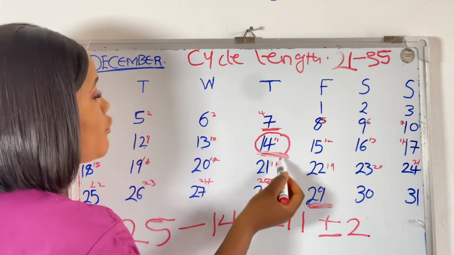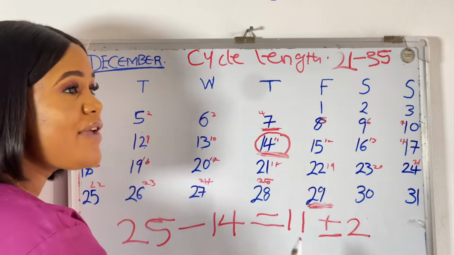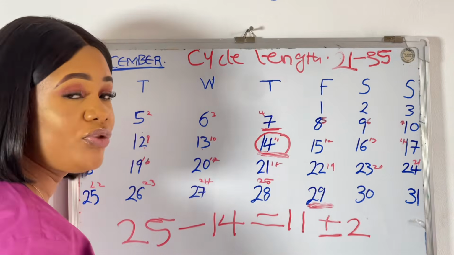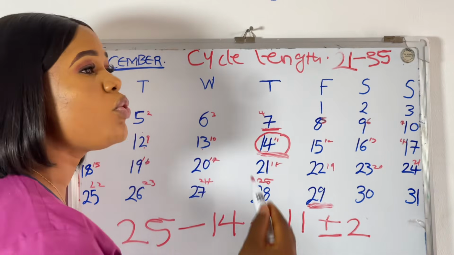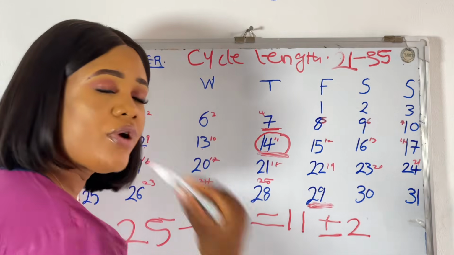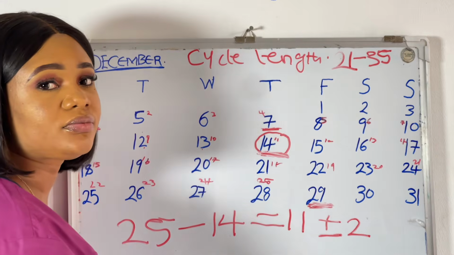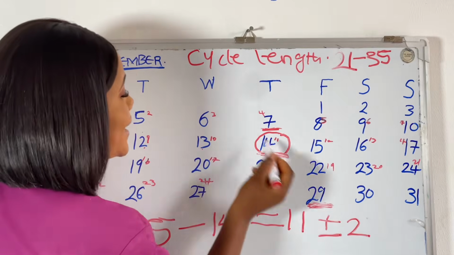Because the sperm from 2 days before my ovulation day can survive there and swim until I start ovulating. Ovulation is when the ovaries release an egg for reproduction. So I can get pregnant.